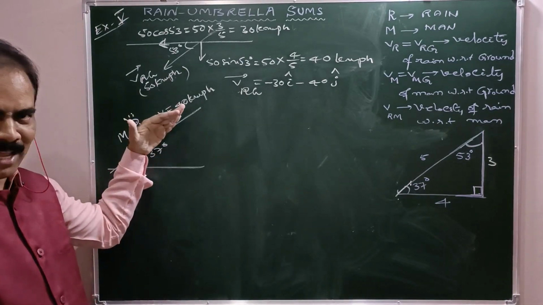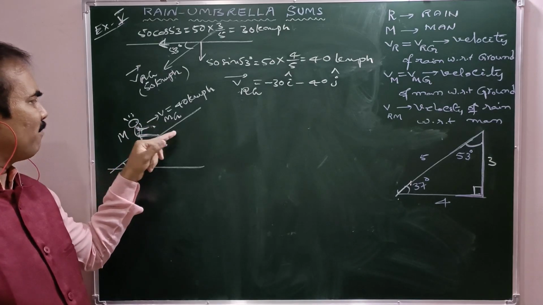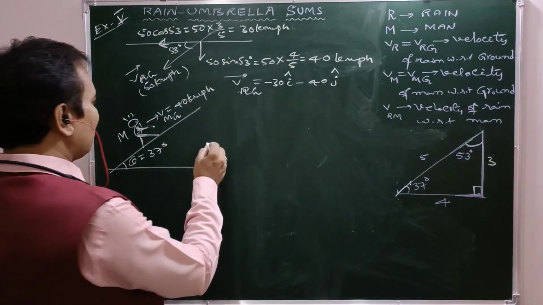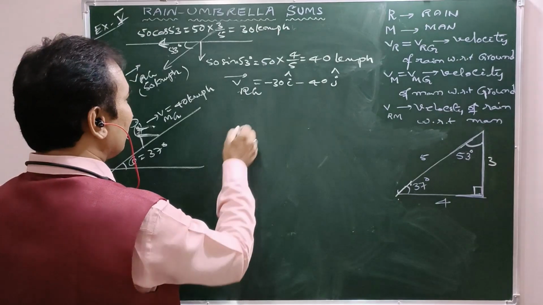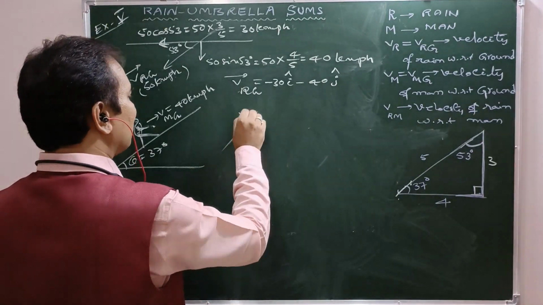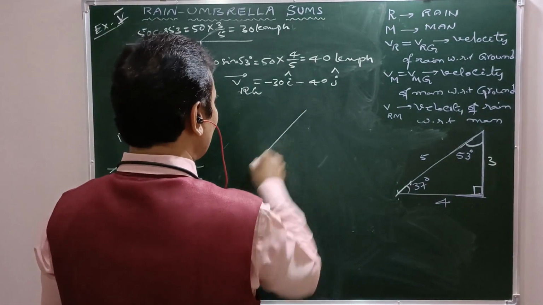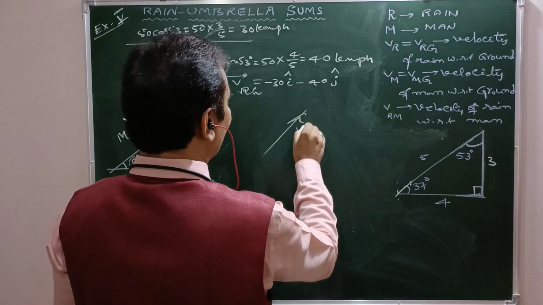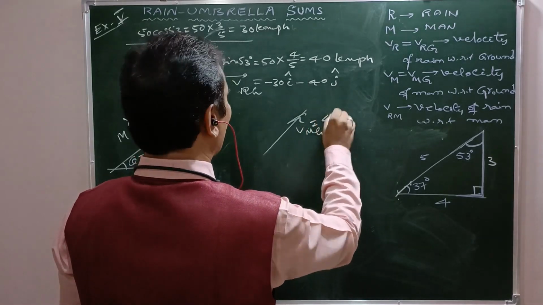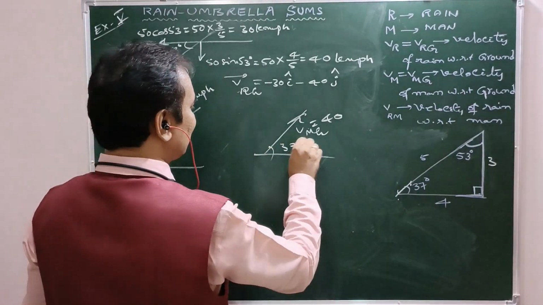Now here also the velocity of man with respect to ground is not one dimensional. It is lying in a plane, so this can be split up into two components. This is VMG, that is 40 kmph, at an angle of 37 degrees.